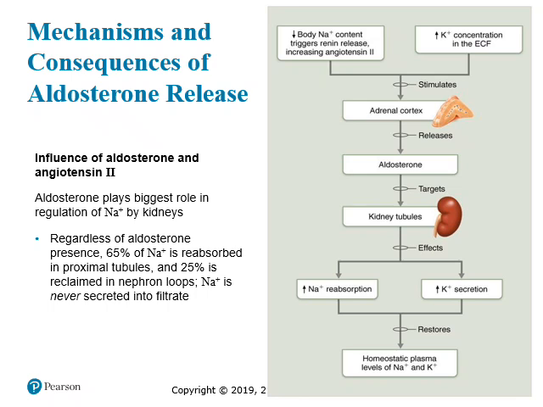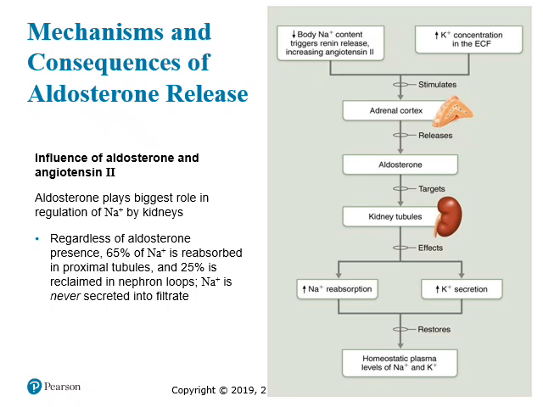Renin is a hormone released by the cells of the kidneys. This would increase angiotensin 2. The effect of this is to stimulate the adrenal cortex to release aldosterone.